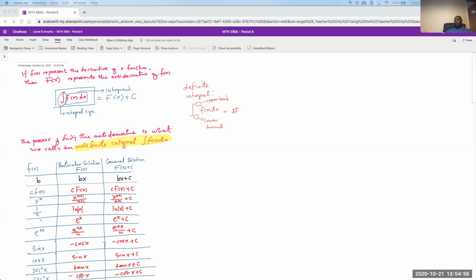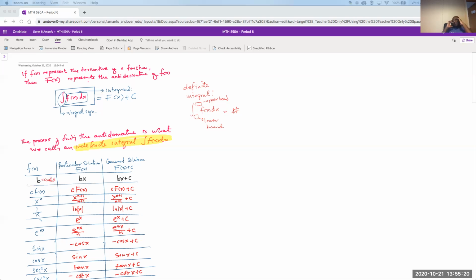So one of them could be when c is equal to 0, right? And when we talk about the general solution, that's where we are considering all the families of solutions that could possibly come out when you find the antiderivative of what f is. Okay, so that's what's describing the three columns that I have over here. So if you think about a constant, so b is a constant.